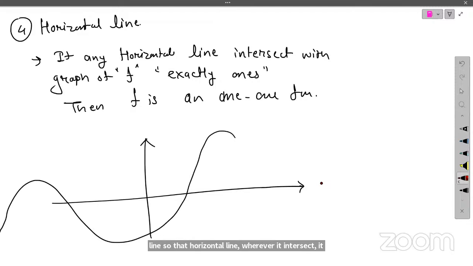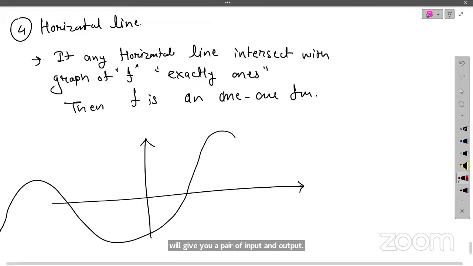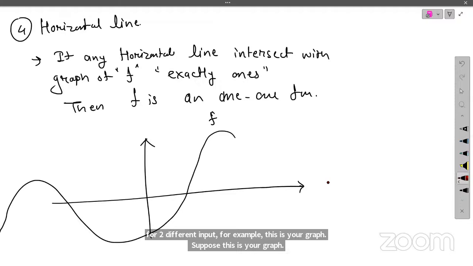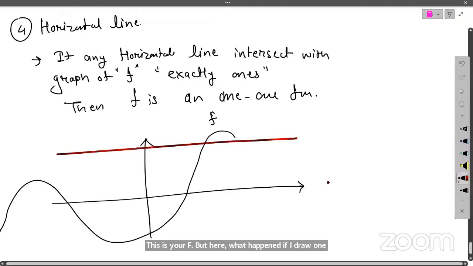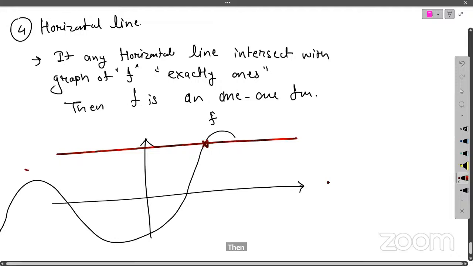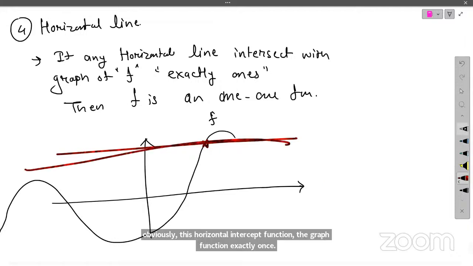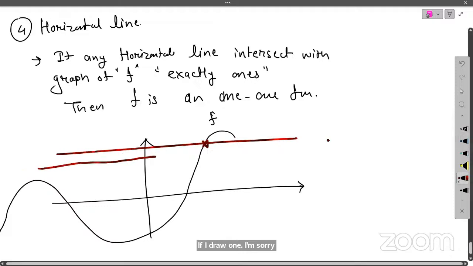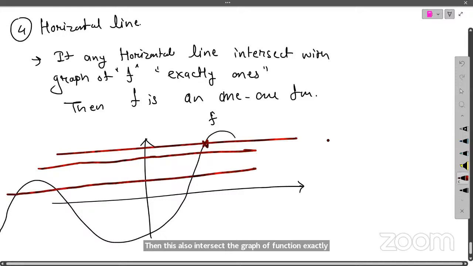Suppose this is your graph, this is your f. If I draw one horizontal line here, then obviously it intersects the graph of the function exactly once. If I draw one horizontal line here, this also intersects the graph exactly once. But if I draw one horizontal line here, then it will intersect my graph of the function 3 times.